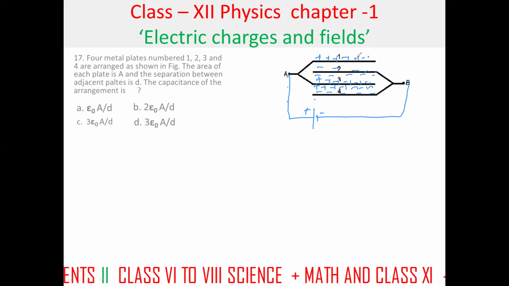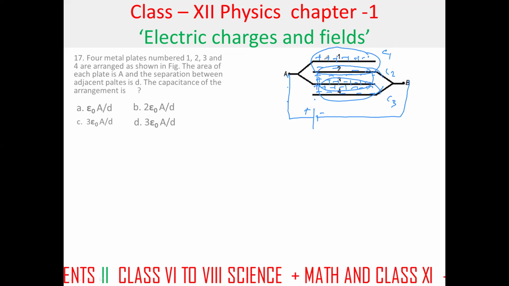So here you see three capacitors. One is this combination, one is this combination, one is this combination. So here we are getting three capacitors, C1, C2, and C3, and all are equal. This kind of connection we always get.